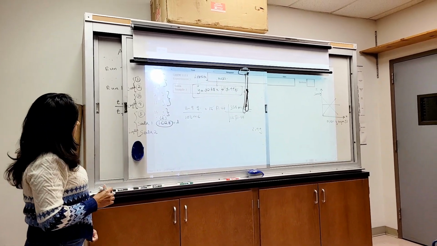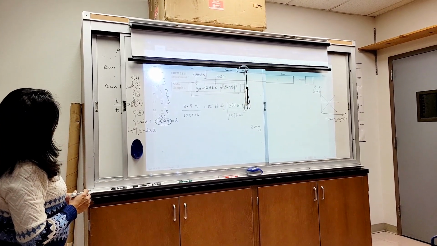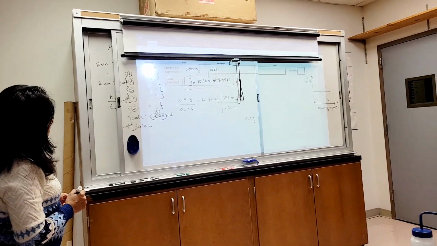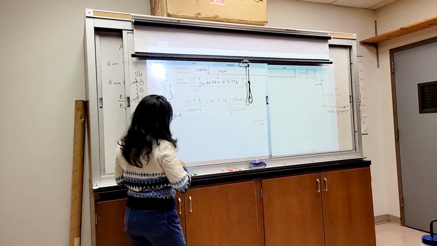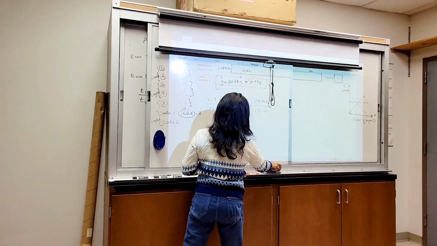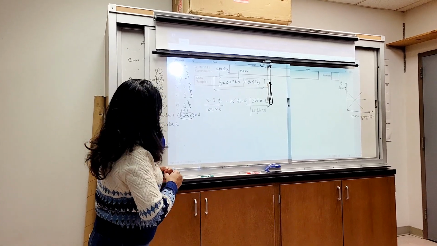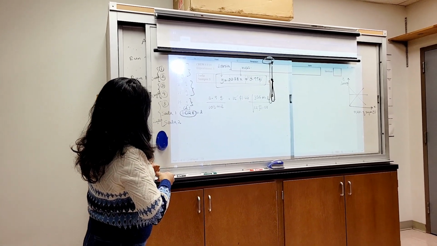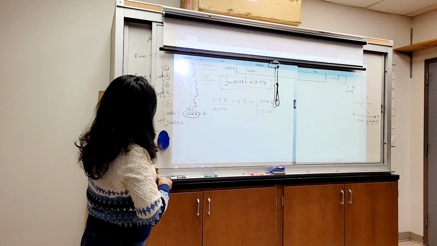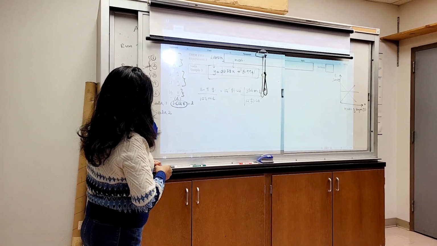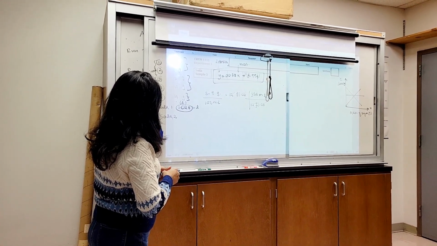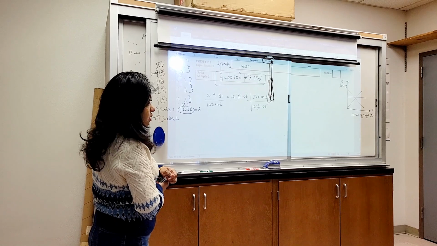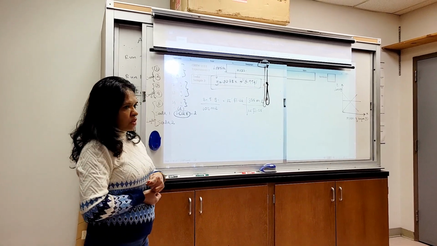Can you tell me what's going to be the mass in grams in 12 ounces? Close to 28. How much is it going to be?